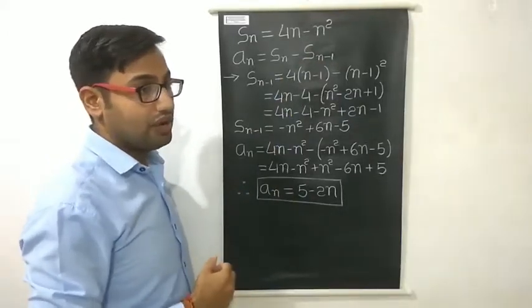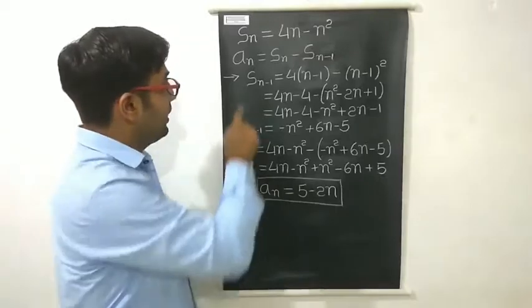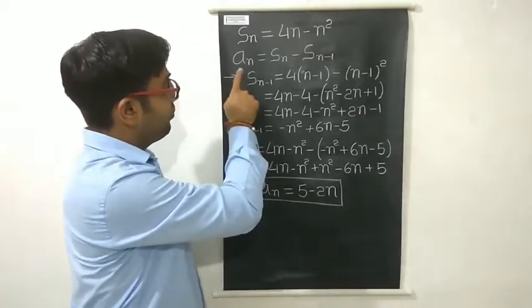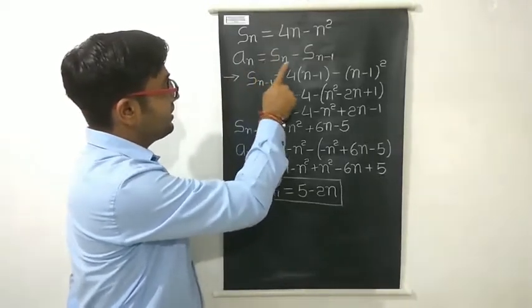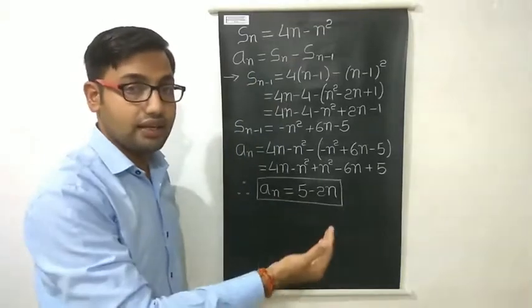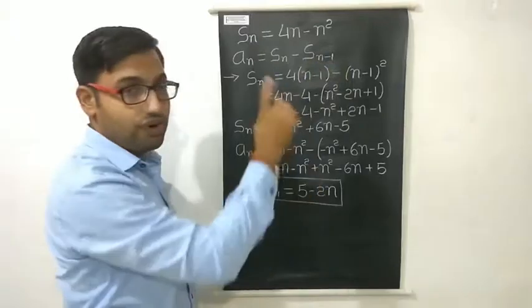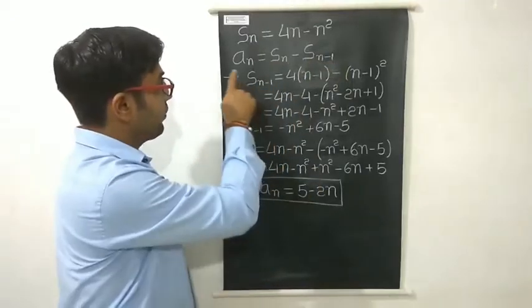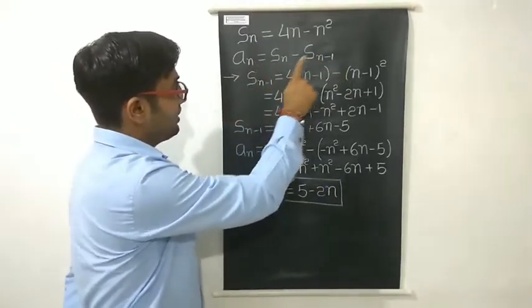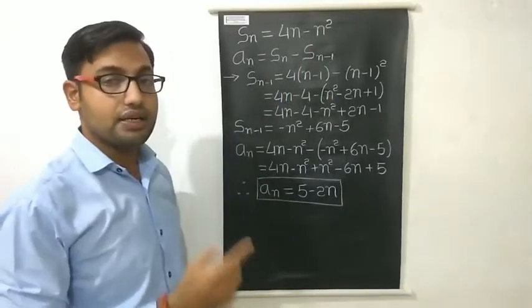How did we write the value of A10? We wrote A10 is equal to S10 minus S9. That means whatever n is here, we have to subtract 1 from that. In the same way for An, we can write Sn minus Sn minus 1.